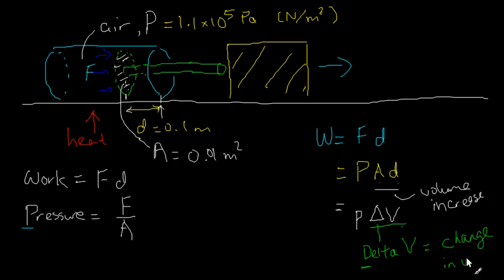So whenever you see the delta symbol in front of a letter in physics or in mathematics, it often means change.